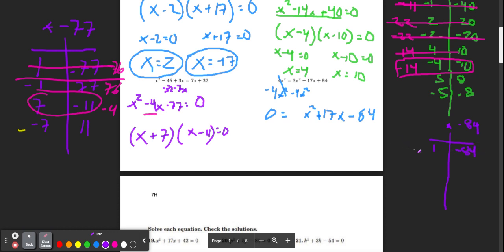Those add to negative 83, so that's out. We have 2 and negative 42. 2 and negative 42 is negative 40. That's out. We have 3 and negative 28, I believe. That's out.